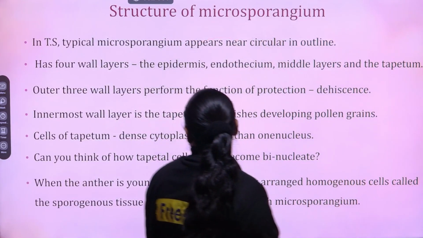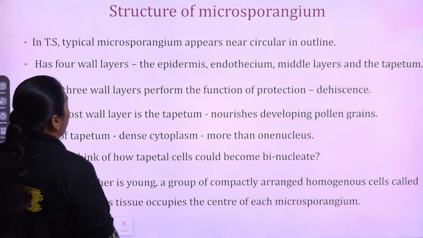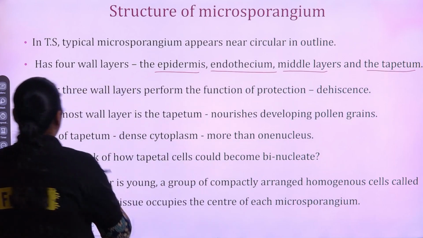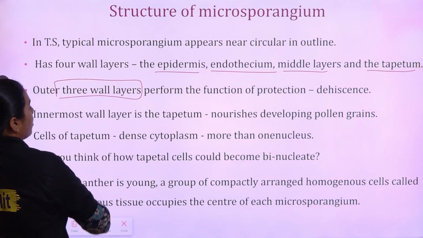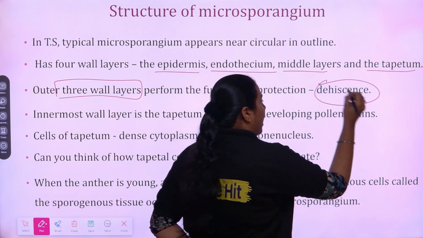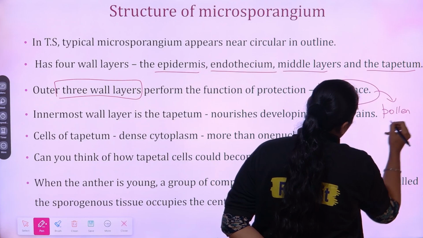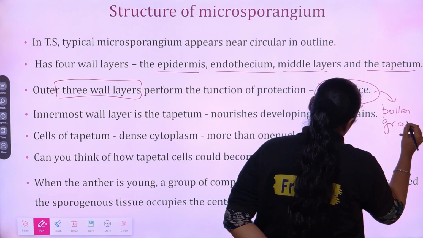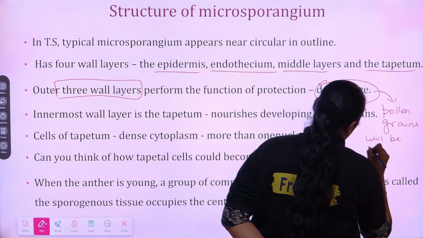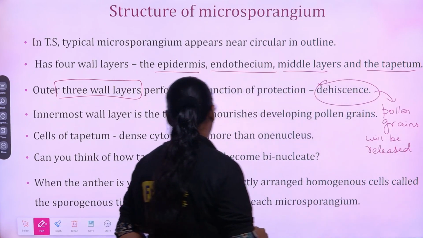And then we saw they have 4 wall layers. What are they? Epidermis, endothelium, middle layers, and tapetum. The outer 3 layers perform the protective function, and they will dehisce.